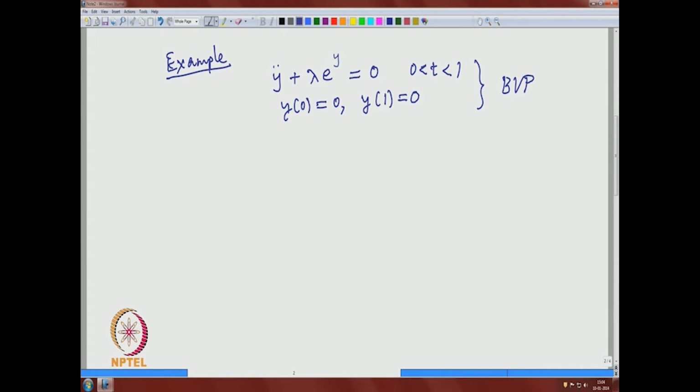If you follow this shooting method, what we should do is consider the IVP u double dot plus lambda e to the u equal to 0, and one initial condition is the same as the one coming from the BVP, and the second one we want linearly independent. So it has to be u dot equal to S. S is at our choice.